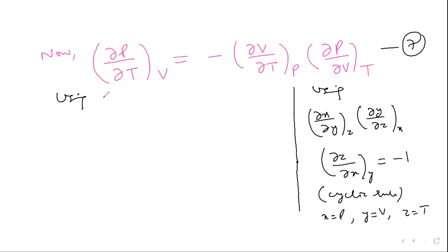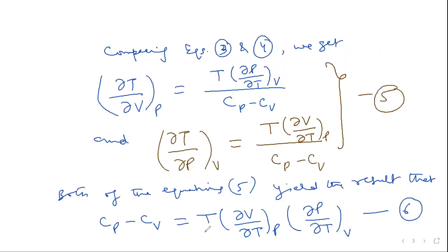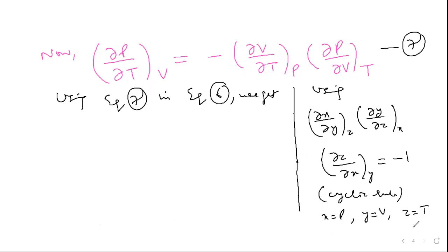Using equation 7 in equation 6 we get, that means we replace ∂P/∂T at constant V in equation 6 using 7.